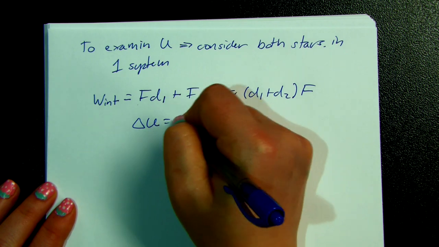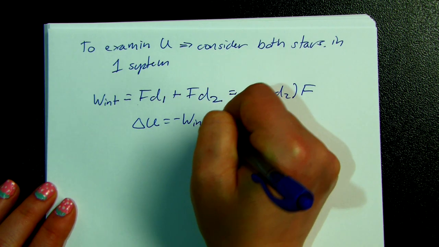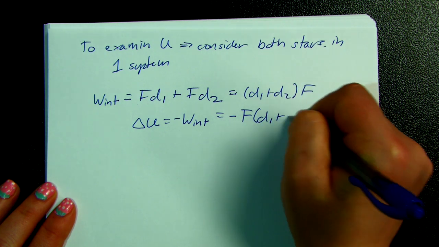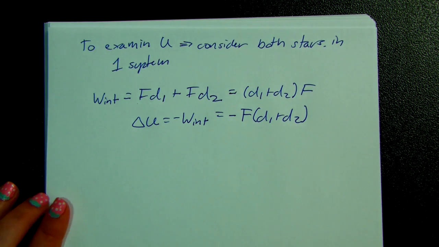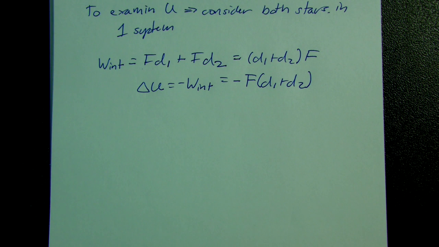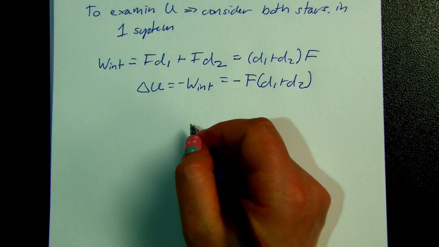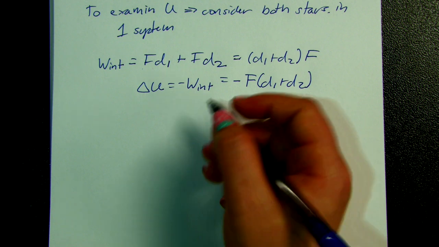Delta U is equal to minus work internal. It's equal to minus F times D1 plus D2. Now, since delta U is negative, the potential is decreasing, which means the kinetic energy is increasing.